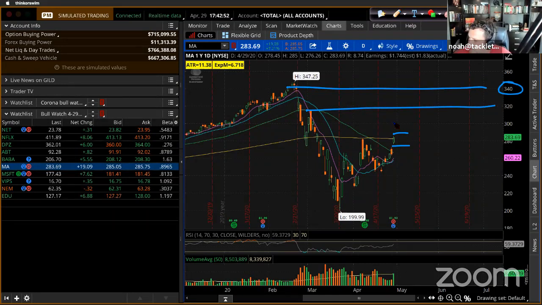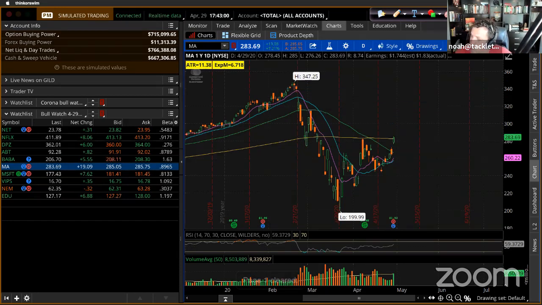Maybe 300 in the near term, just because it's a fat number. But plenty of reward to the upside, plenty of risk management skill here. And I wonder about consumer credit providers like MasterCard and Visa, with increased unemployment they may have some risk. But decent little breakout setup.